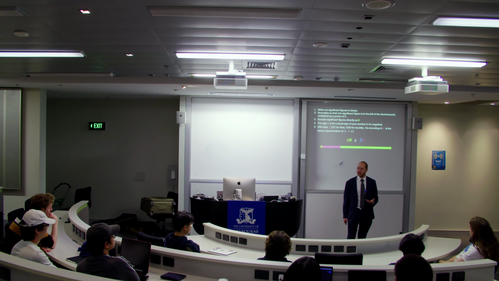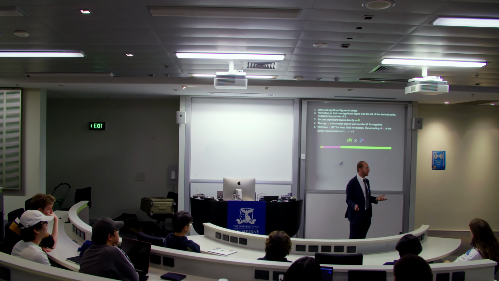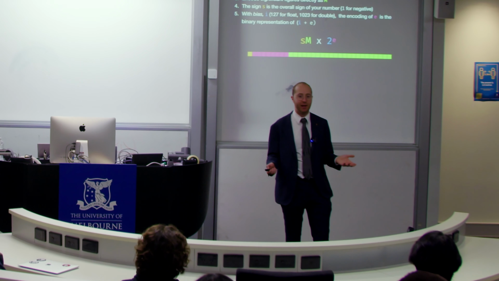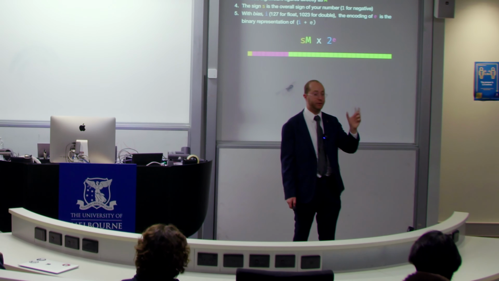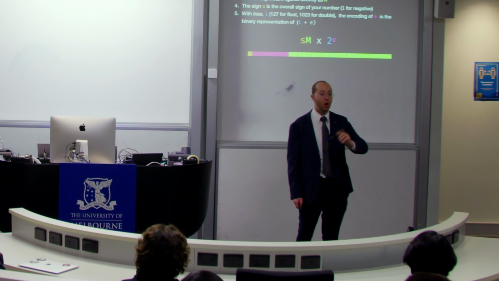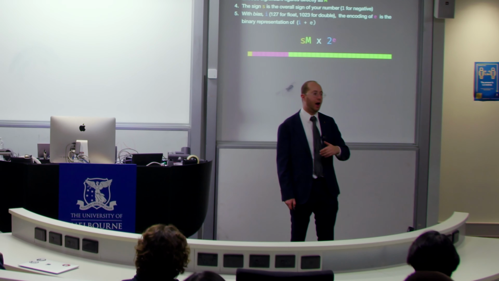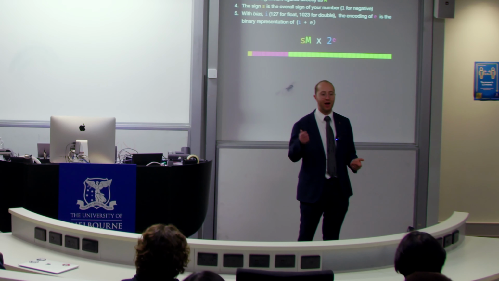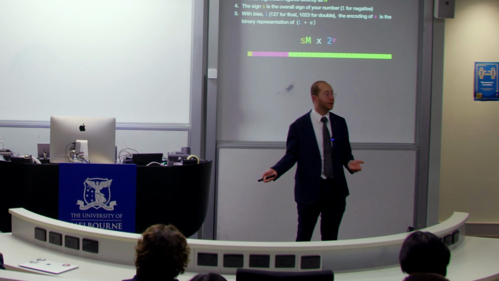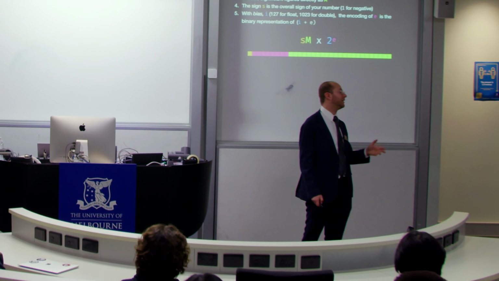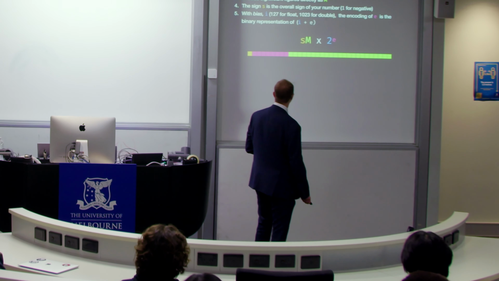So the way we do this is we agree on a bias. Say there are 256 possible numbers for the exponent. We'll have half of those be positive and half of those negative, so 128 on either side. I've excluded 0 there, but you get the idea.